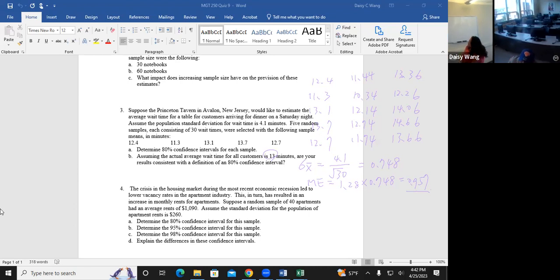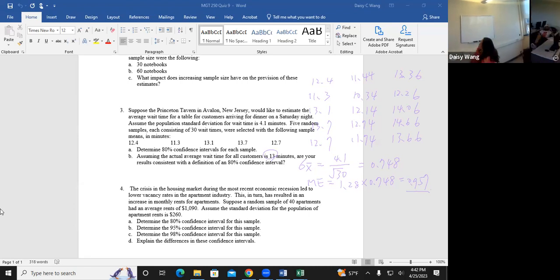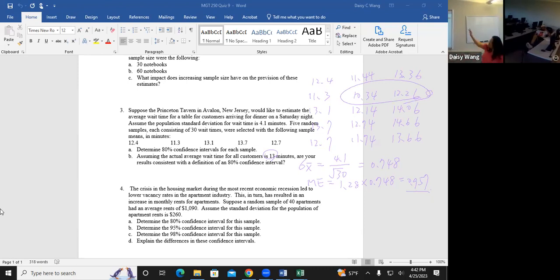Or all of them have 13? Yeah, 11.53. So the second one, right? Because 13 is out of the range. So this one is not consistent with the definition of an 80% confidence interval.